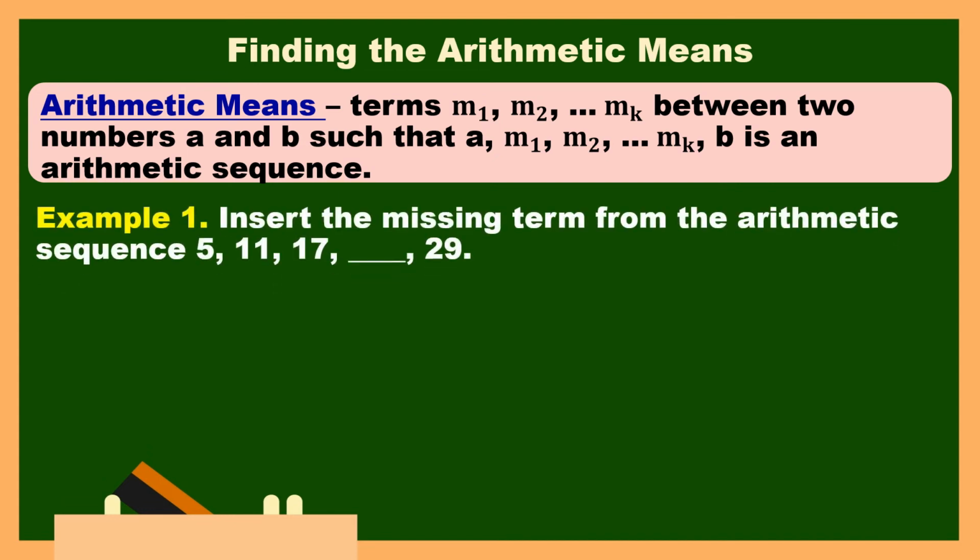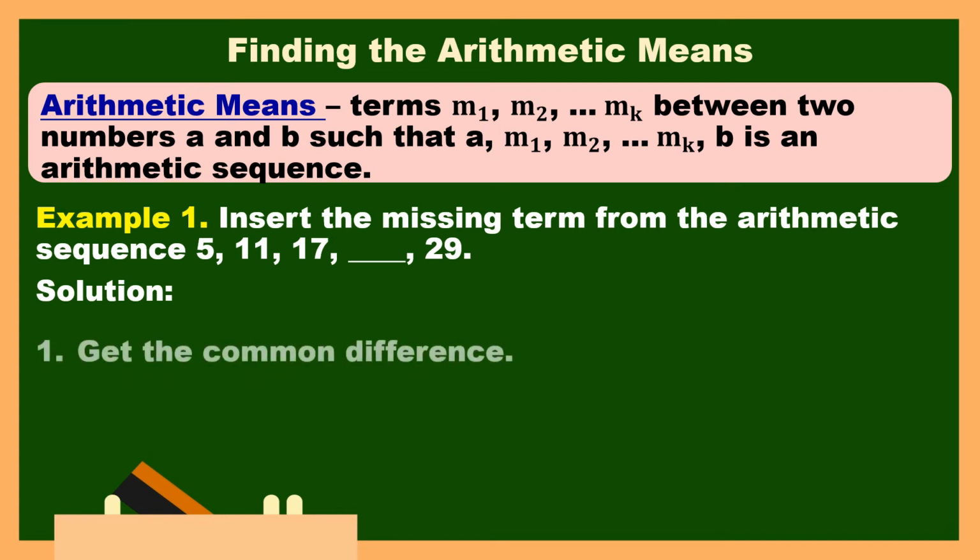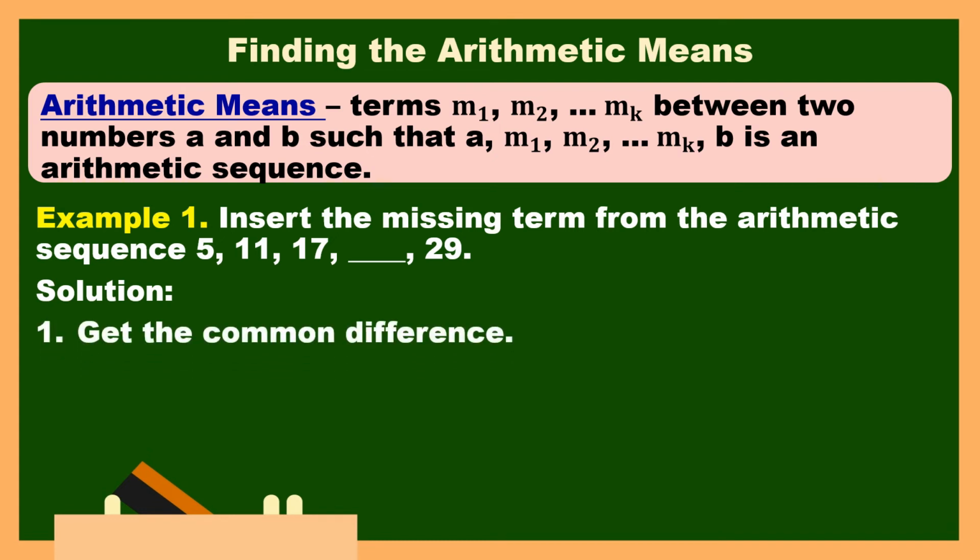Halimbawa po, insert the missing term from the arithmetic sequence 5, 11, 17, blank, and 29. Ang blank po dyan ay yung missing term or the so-called arithmetic means. Siya po ang ini-insert na missing term. So, paano po natin hahanapin ang arithmetic means? Ang gagawin po natin, ang una ay kunin natin ang common difference.